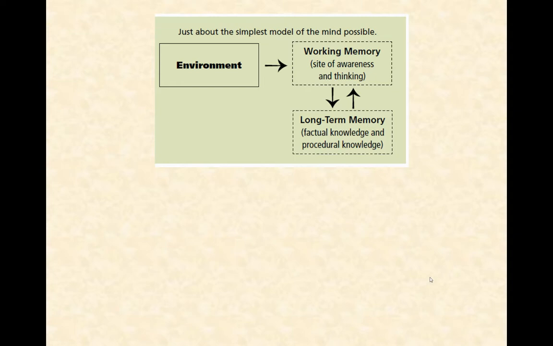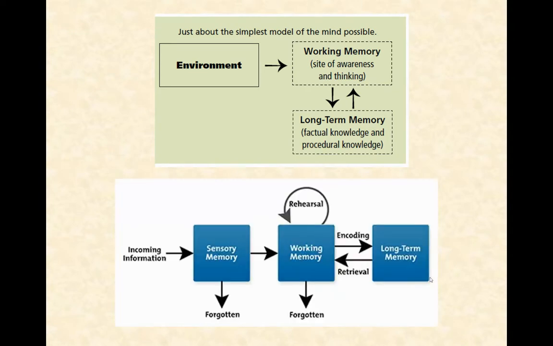I want to show one more model before we get into things too far. This is a really simple model, and I think it's a really helpful model. Sometimes you will see models of memory and information processing theory that look more like this, and this has a few more steps to it.